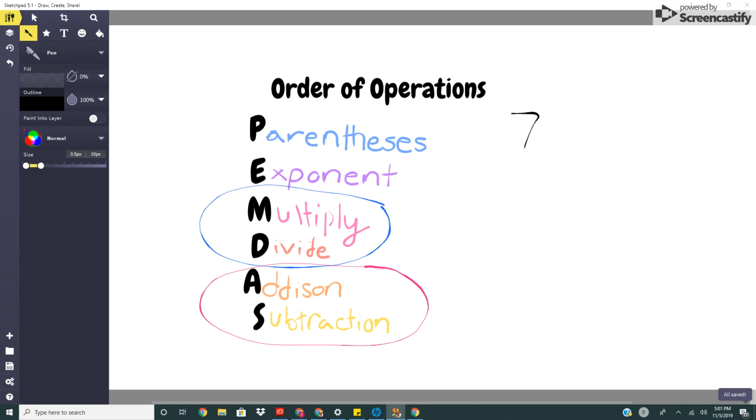It's going to be an easy one. 7 minus 5 times parentheses 8 times 2. Okay, so we have 7 minus 5, and then parentheses 8 multiplied by 2 and close parentheses.